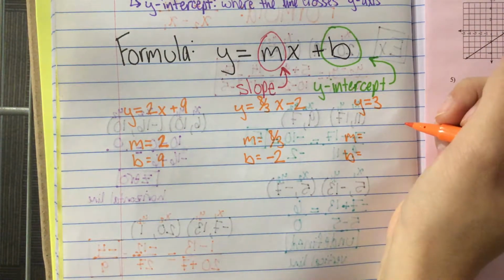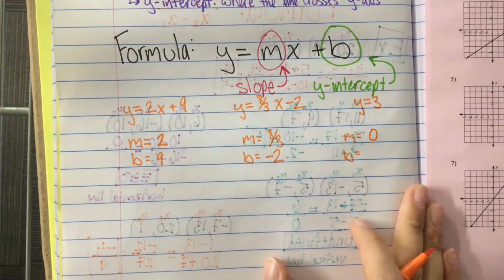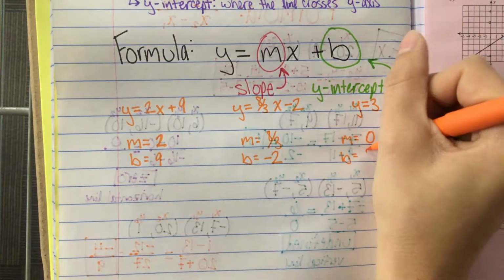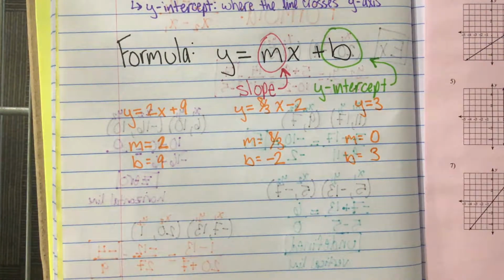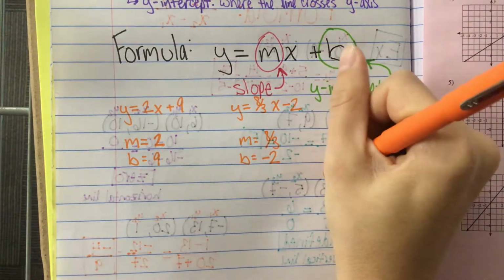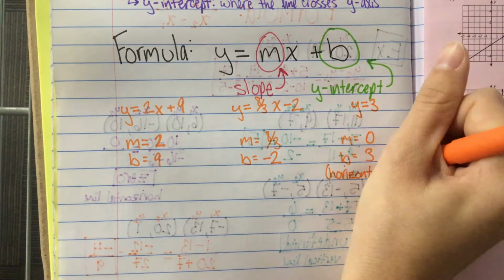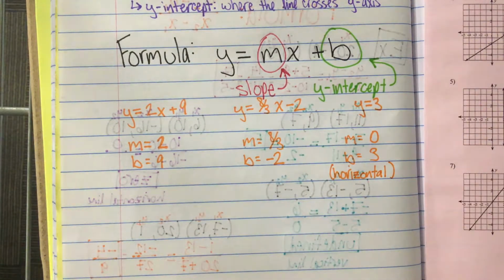So what's our slope? What's our m value? What's our y-intercept? What type of line has a slope of 0? Horizontal line. So this particular line is a horizontal line that crosses the y-axis at 0, 3.